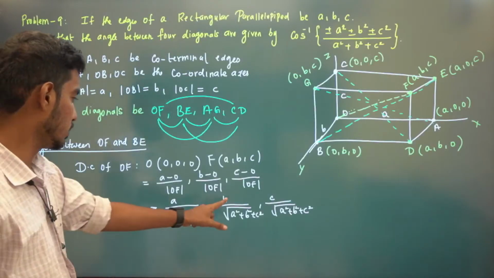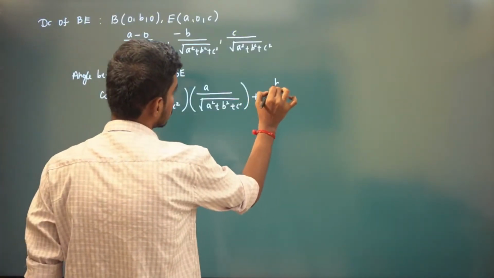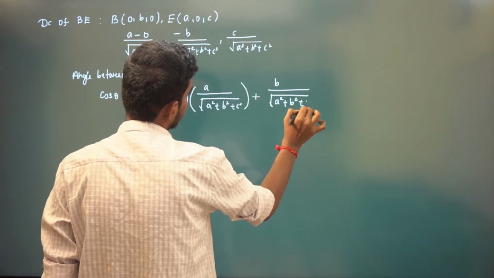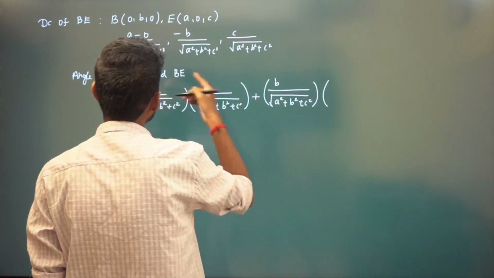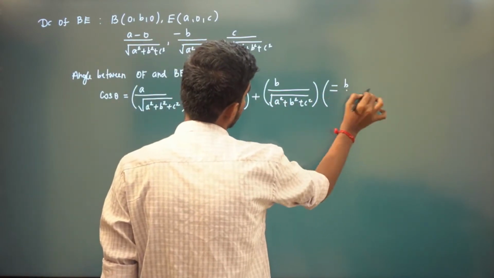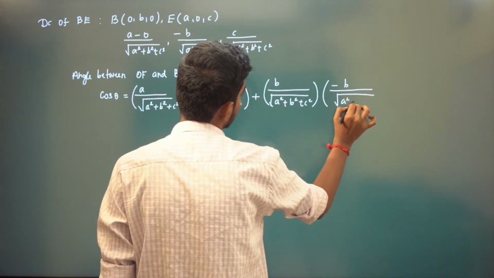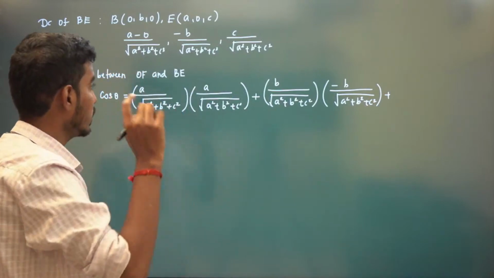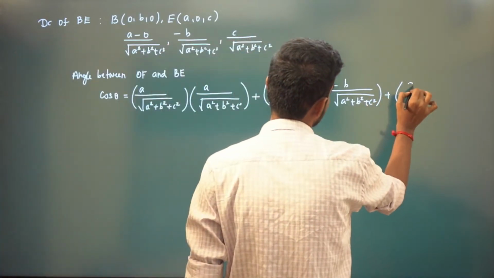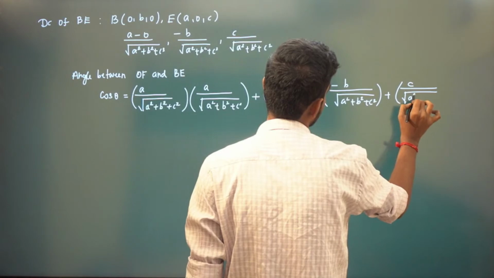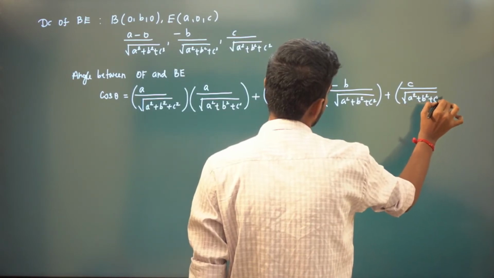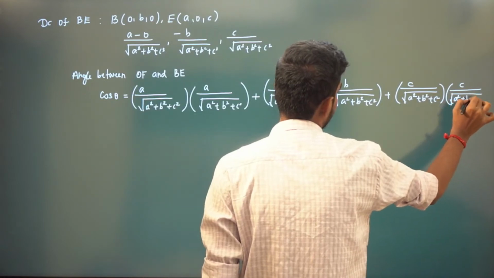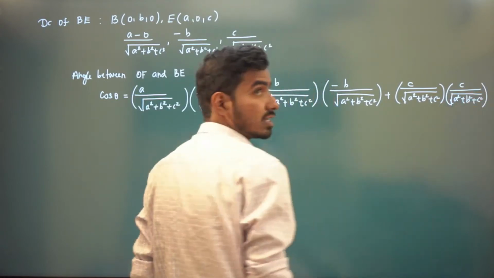So m1 is b divided by root of a square plus b square plus c square. M2 is minus b divided by root of a square plus b square plus c square, plus n1 n2. So it will be c divided by root of a square plus b square plus c square into c divided by root of a square plus b square plus c square.